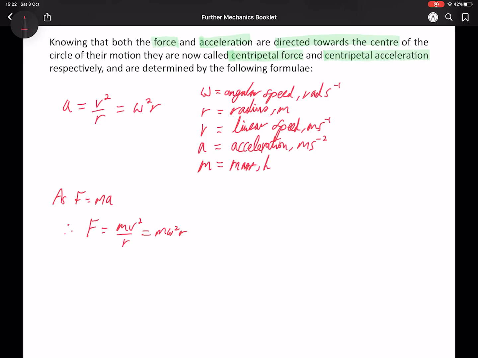The only additional thing here is that m is mass in kilograms, and F is our force in newtons. Very straightforward equations, all given to you, apart from the relationship between frequency and time period. All you have to do is apply them.